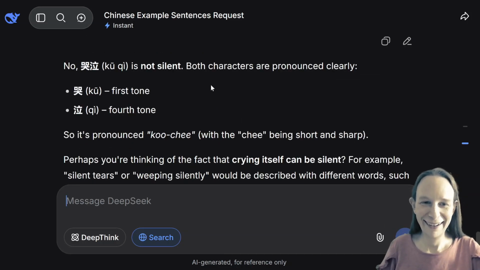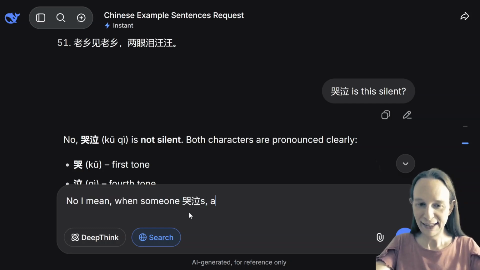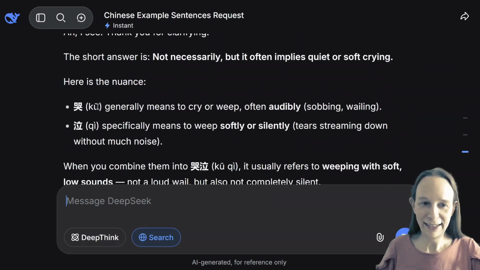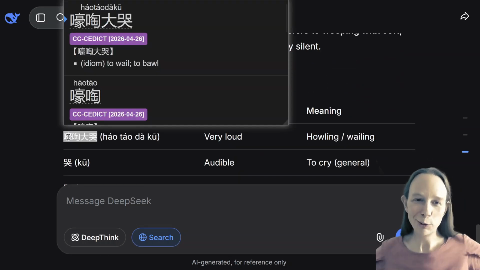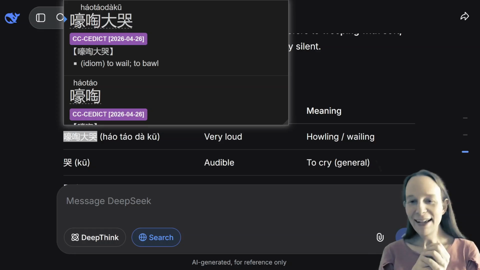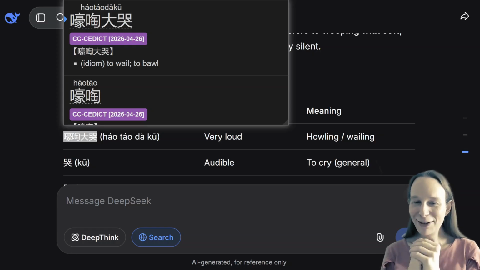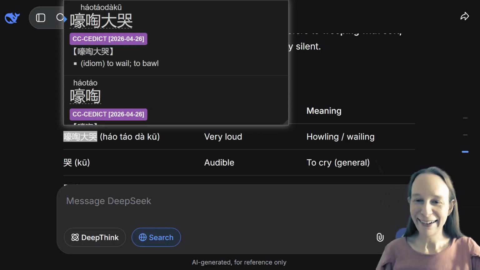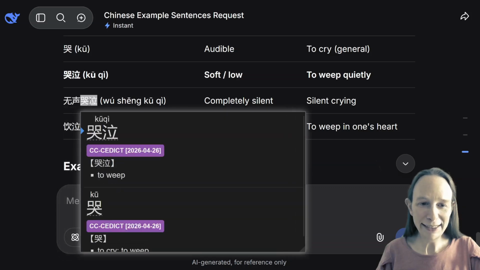When someone 哭泣, are they silent? Not necessarily. Okay, this one, 嚎啕大哭. All right. So my crying for dramatic effect kind of ruined the meaning a little bit. So I should silently cry. 嚎啕大哭. Okay, 哭泣, 无声哭泣, silently cry.